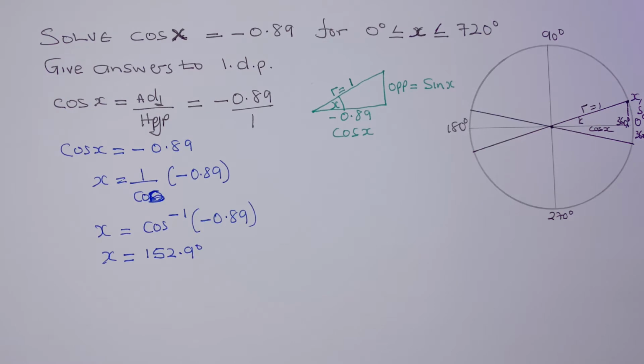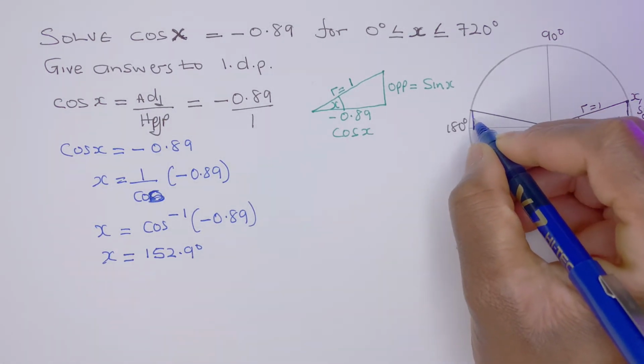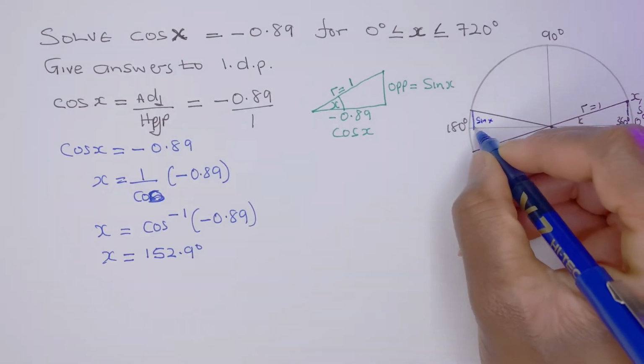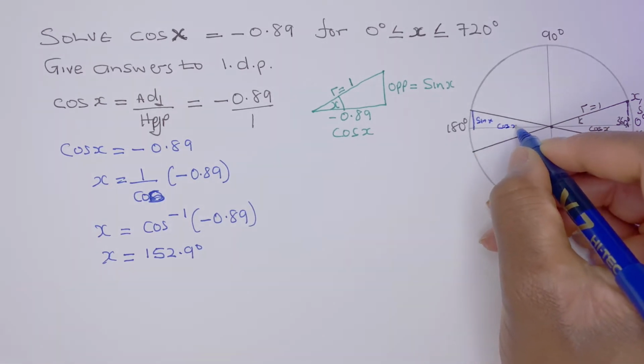The y value is sine of x, the vertical height, and the x value from there to there is cos of x.